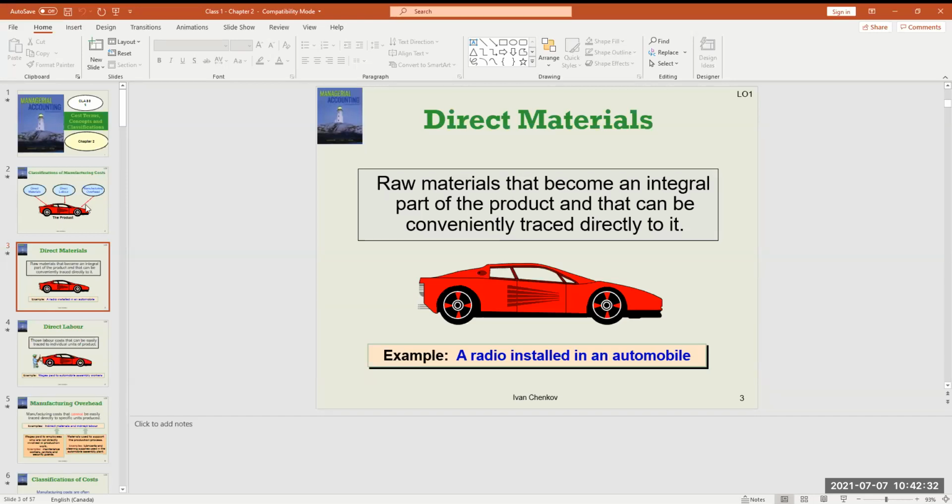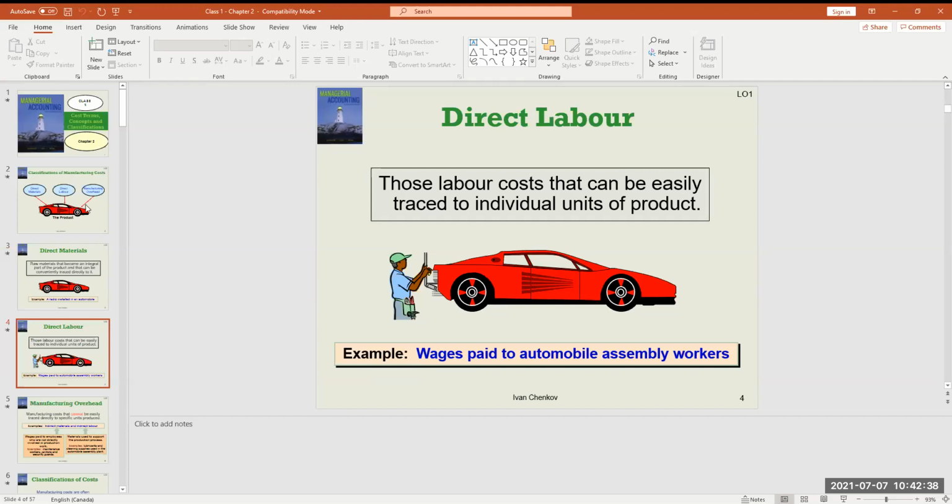Because it can be easily and conveniently traced to the product. Second will be the direct labor. Direct labor is something related to the labor cost, which can be easily and directly traced to the product, the thing that we're producing that we're going to sell one day to our clients.